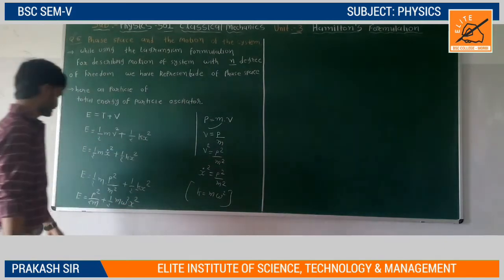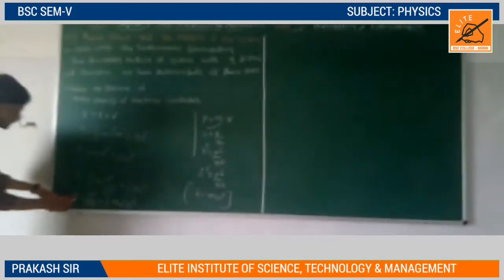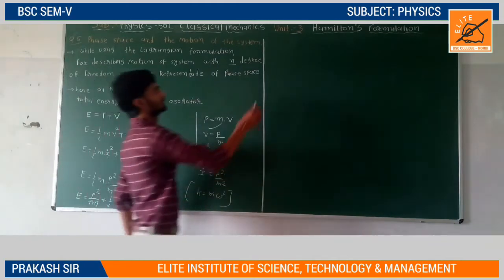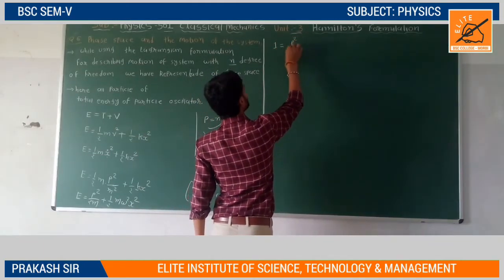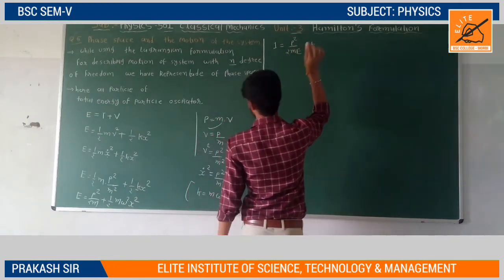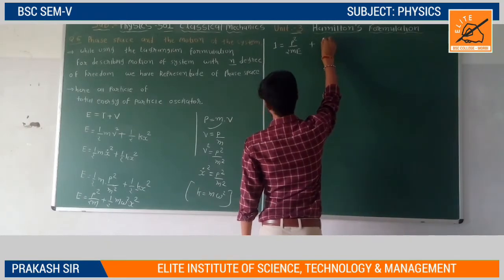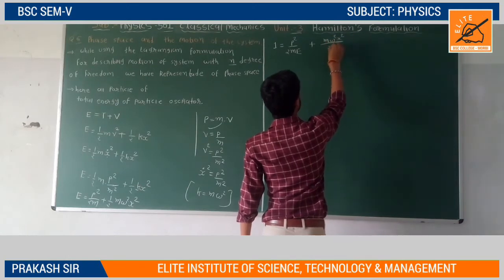Okay, now this is the denominator of every term, so dividing by E: p square upon 2mE plus m omega square x square upon 2E.